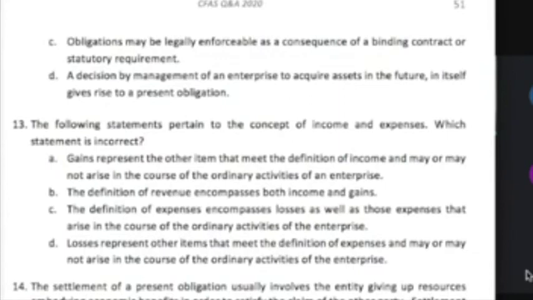I'd like to bring your attention to letter C also, class. The definition of expenses encompasses losses as well as those expenses that arise in the course of the ordinary activities of the enterprise. So, the side of expenses is not actually as confusing, class. It says expenses includes losses and expenses.